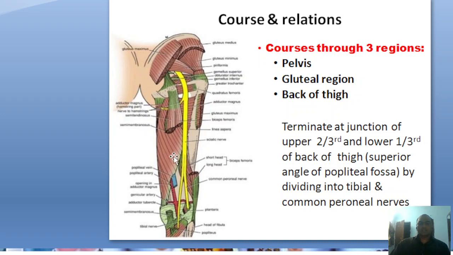At this point, it divides into the tibial and common peroneal parts. So this is the termination of both parts at the superior angle of the popliteal fossa.